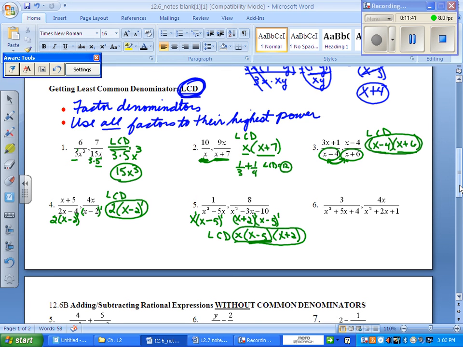Number 6. Factor the first denominator. You have an x and an x, a plus and a plus, a 4 and a 1. Second denominator, x, x, plus, plus, 1, 1. Your least common denominator: list all factors, x plus 4, x plus 1, to their highest power. This has a power of 1, this has a power of 1, and aha, this is actually x plus 1 quantity squared.